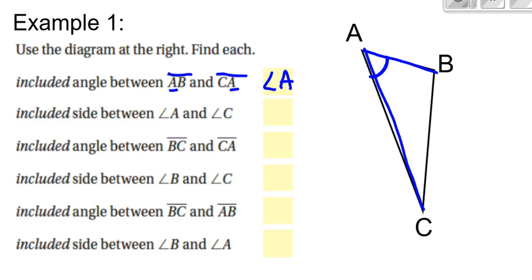Now, the included side between angle A and angle C: we talked about the included side being the one that is shared, and we also talked about marking it in the middle, in between the two angles. So go ahead and finish up the diagram, the last four examples, and then come on back when you're finished.